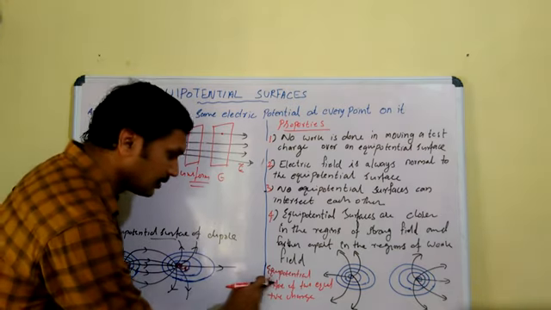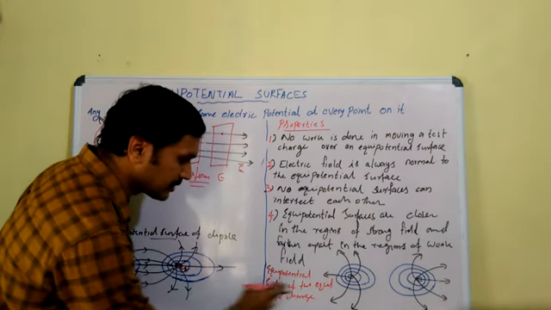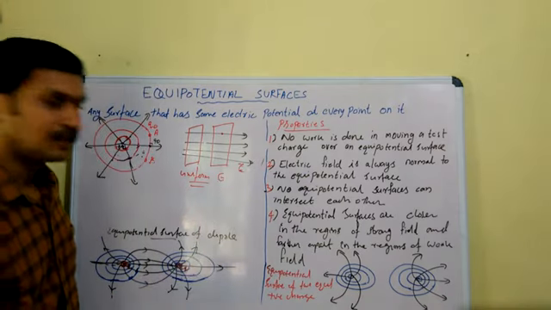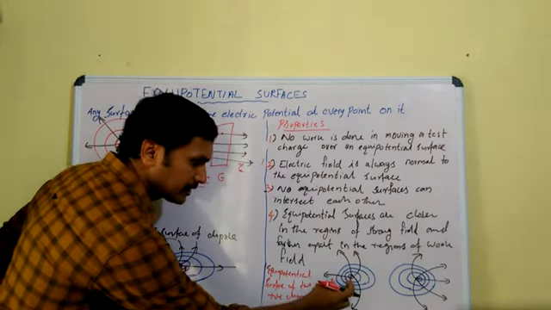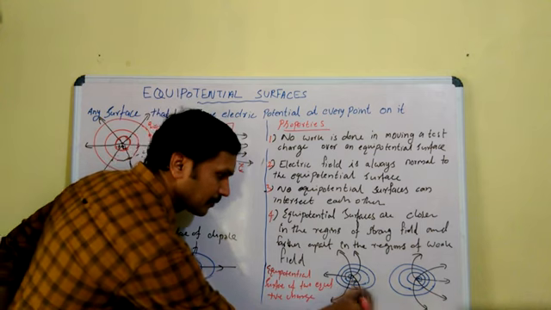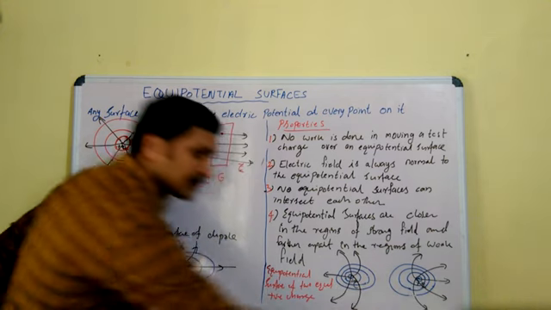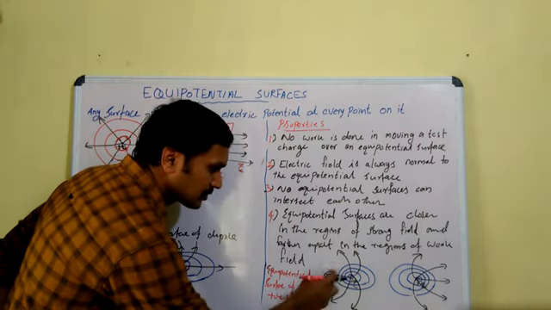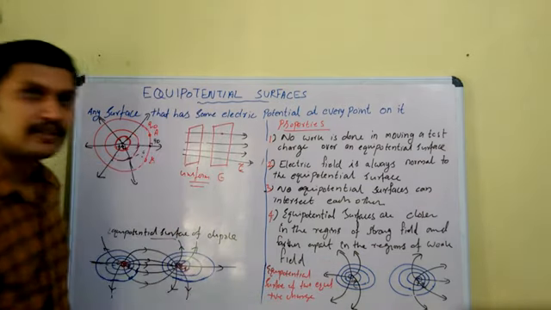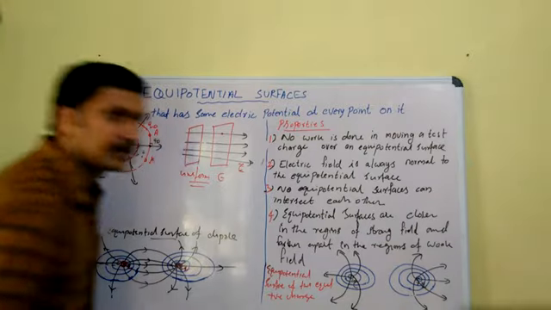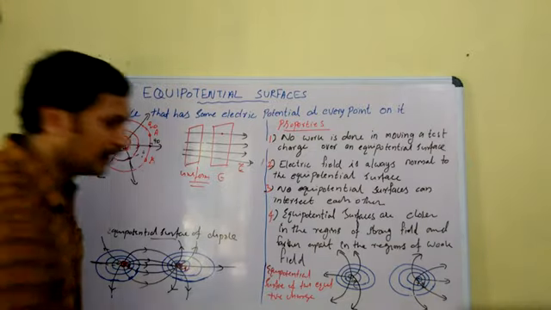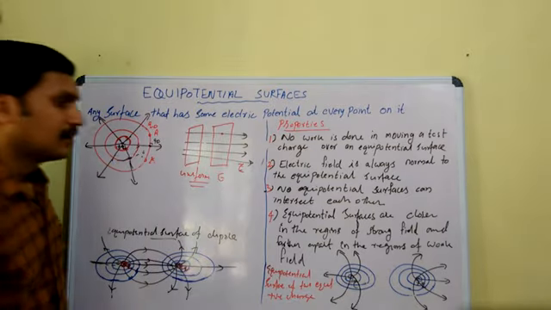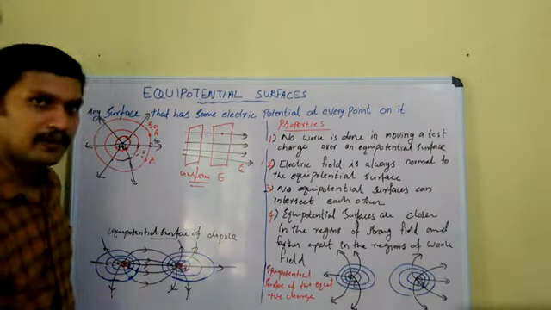Another diagram: these are the equipotential surfaces of equal positive charges. Here two positive charges are shown, plus Q and another plus Q, similar charges. The black lines show the electric field lines due to these charges, and the blue lines indicate the equipotential surfaces.